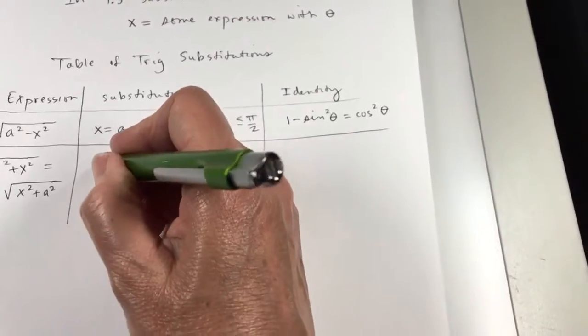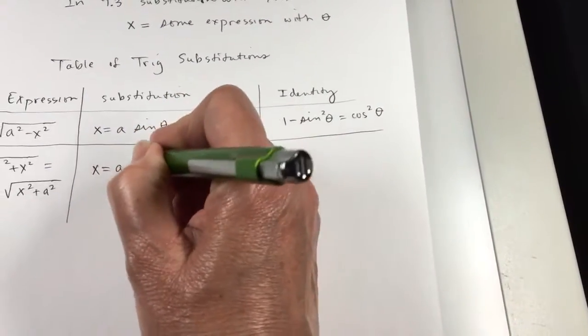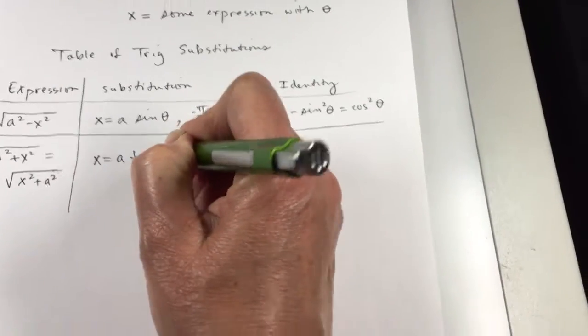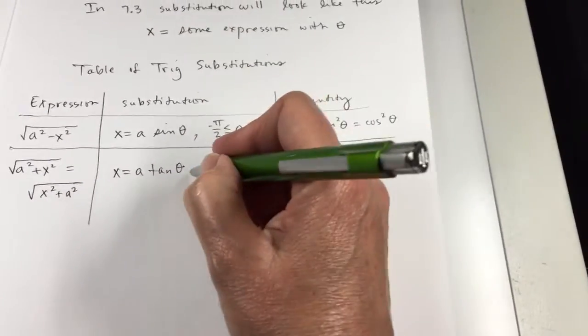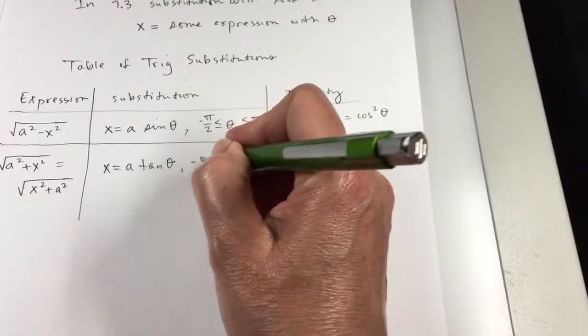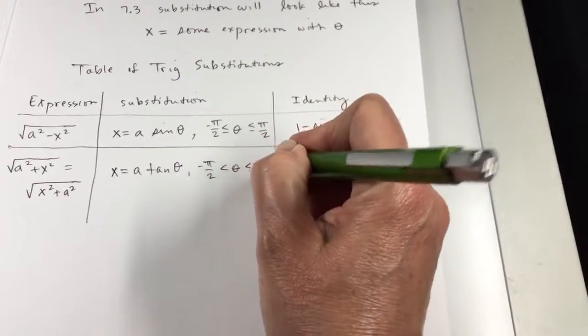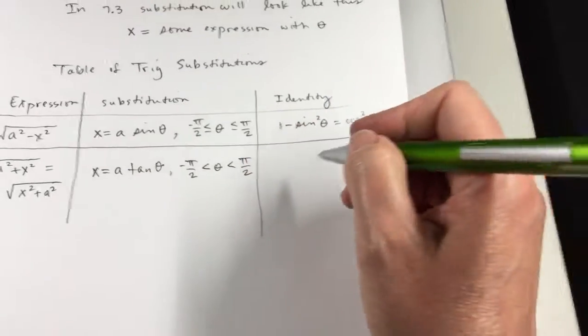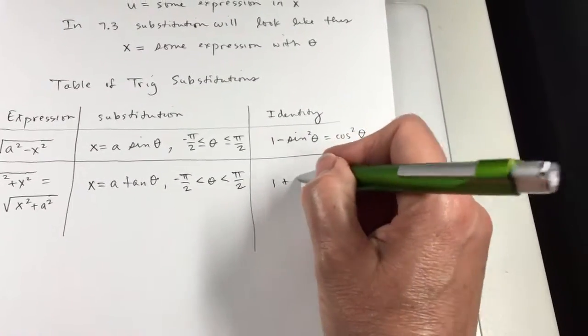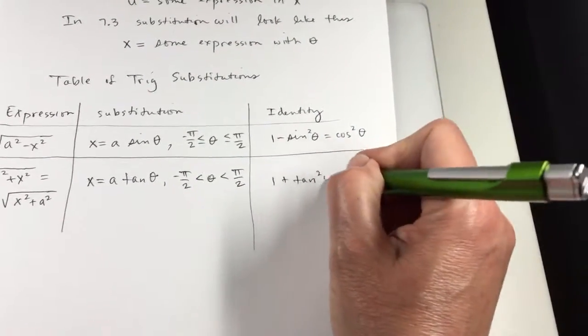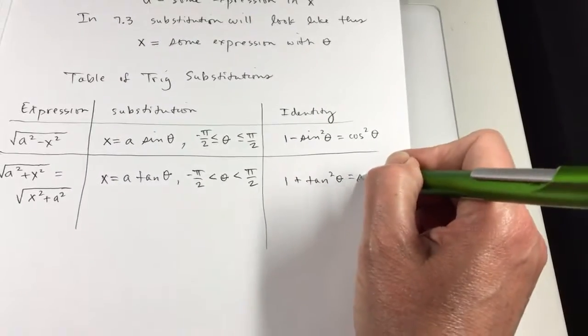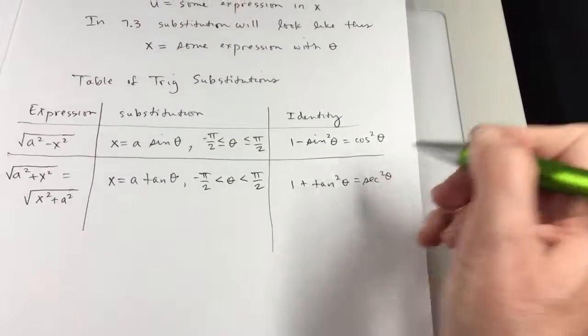The substitution is x equals a tangent theta, where theta is defined from negative pi over 2 less than theta less than pi over 2. And the identity is 1 plus tangent squared theta equals secant squared theta.